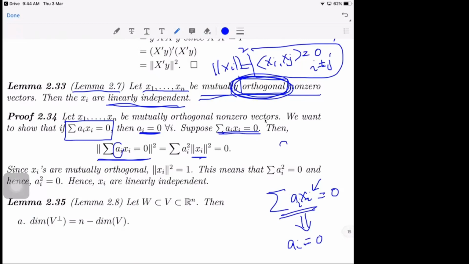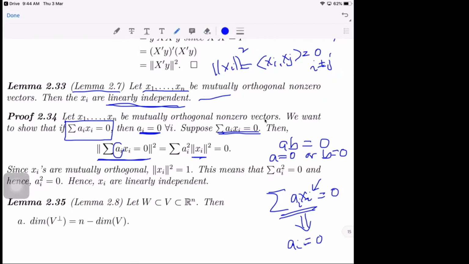So when do you say that AB is equal to 0? You have two conditions: A is 0 or B is 0. But in our assumption here, the x's are non-zero vectors, so B cannot be equal to 0.